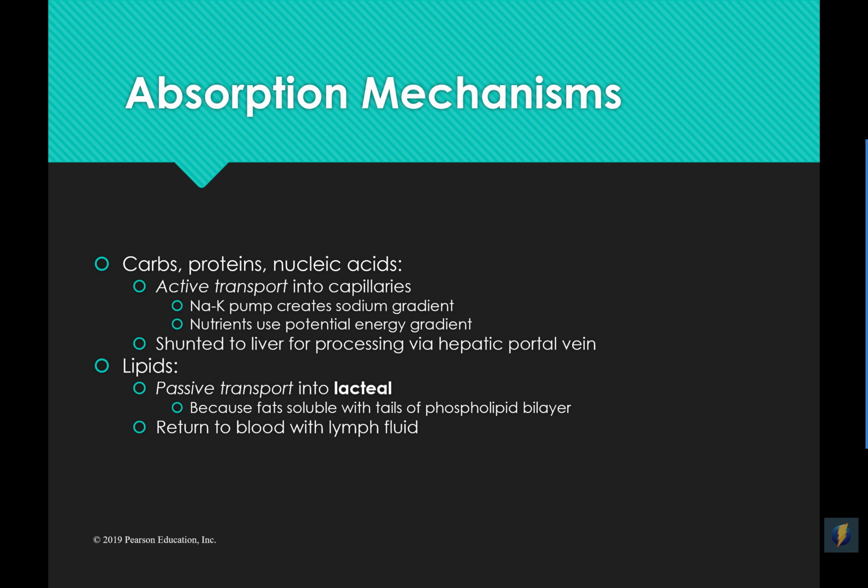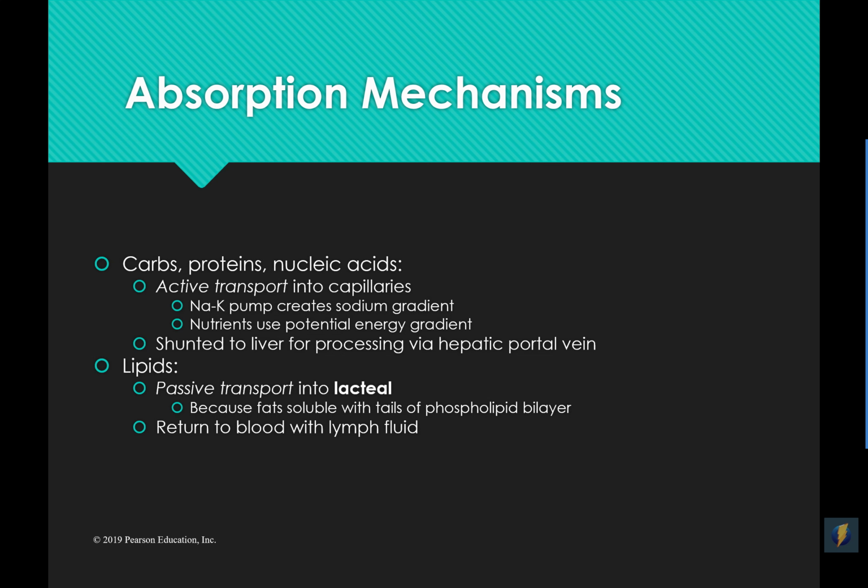So the carbs, the proteins, and the nucleic acids follow one mechanism. The lipids are a little bit different. Carbs, proteins, and nucleic acids are actively transported into the capillaries of our intestines. Once absorbed, they get shunted to the liver via the hepatic portal vein so that the liver can process them.